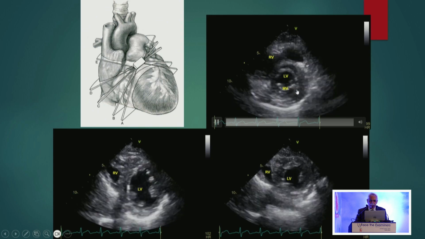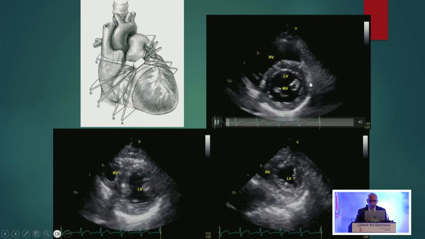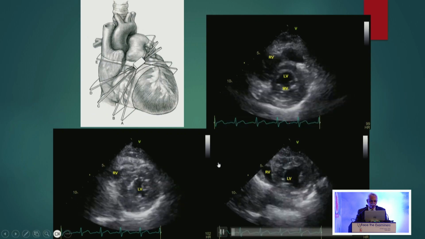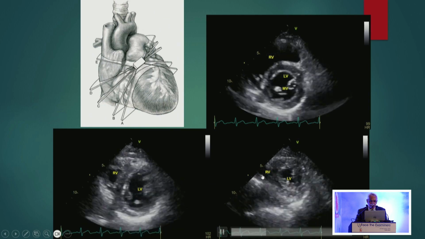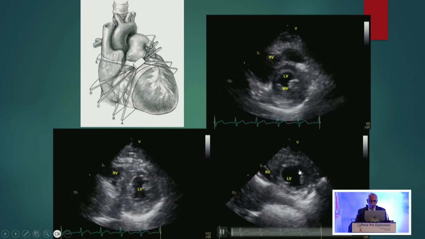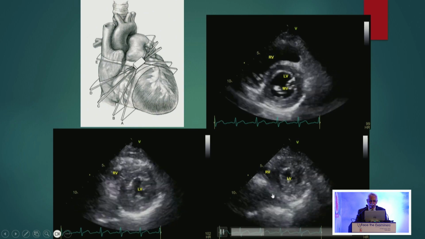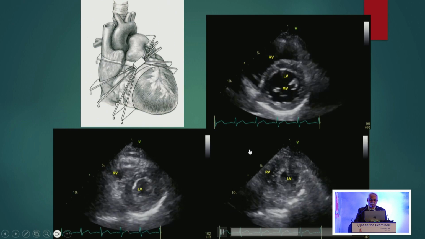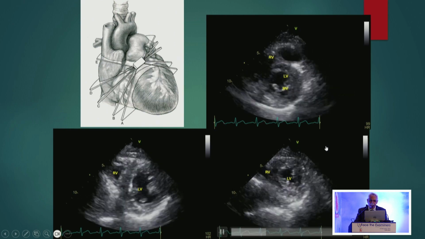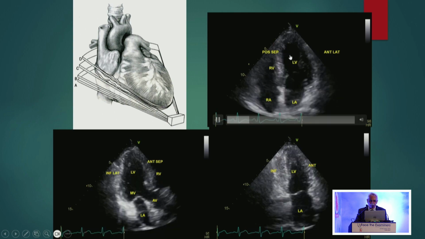At the level of the base, we call it basal anteroseptal, basal anterior, like this. There are 6 segments at the level of the papillary muscle similarly, and there are 4 segments at the level of the left ventricular apex: septal, anterior, lateral, and inferior. Totally, there are 16 segments in the left ventricle, and these 16 segments can be viewed in the apical 4-chamber view also.